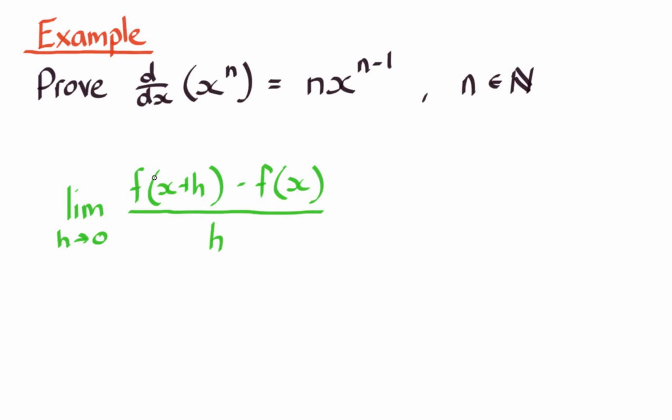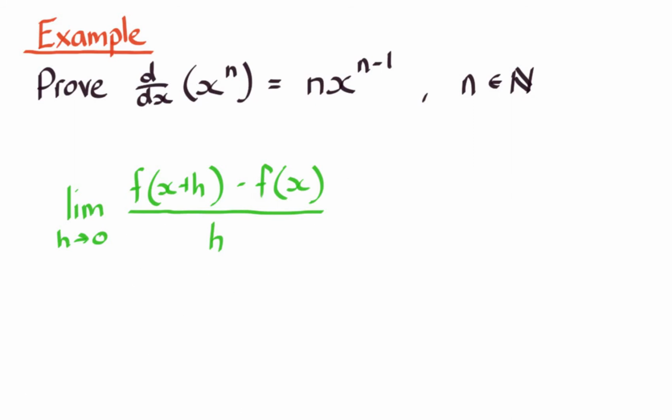So we took this function here and we made it a limit as h approaches 0. And this is giving us the gradient of the secant, right? But as h approaches 0, our secant got closer and closer to being the real tangent that we were after. So this first principles is where we started.